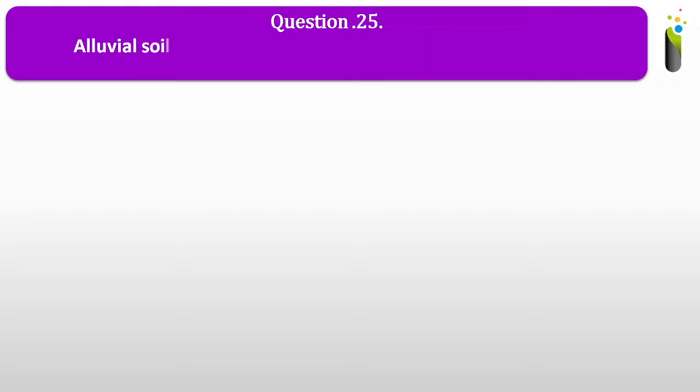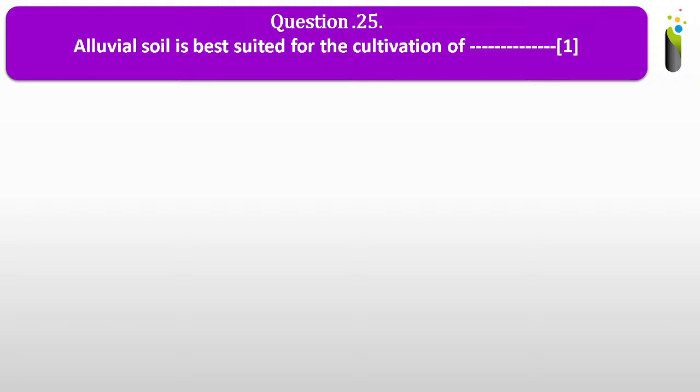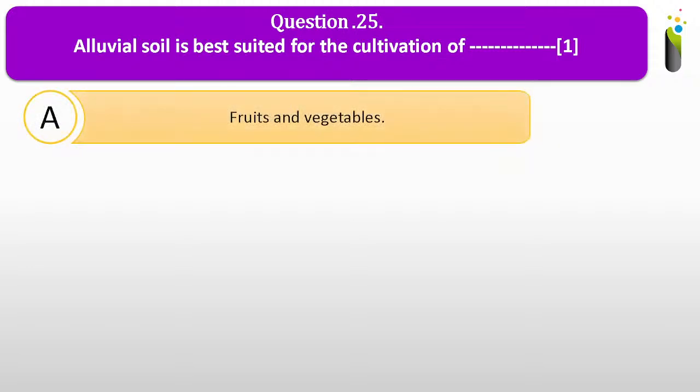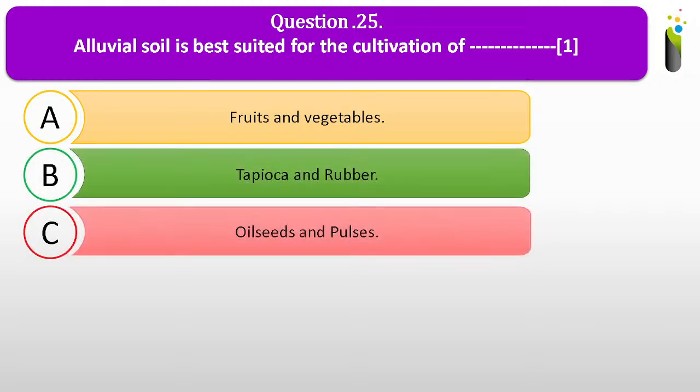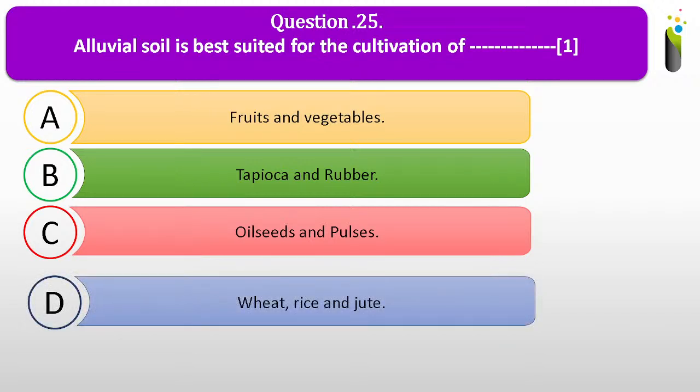Question number 25. Alluvial soil is best suited for the cultivation of dash. A. Fruits and vegetables. B. Tapioca and rubber. C. Oil seeds and pulses. D. Wheat, rice and jute.